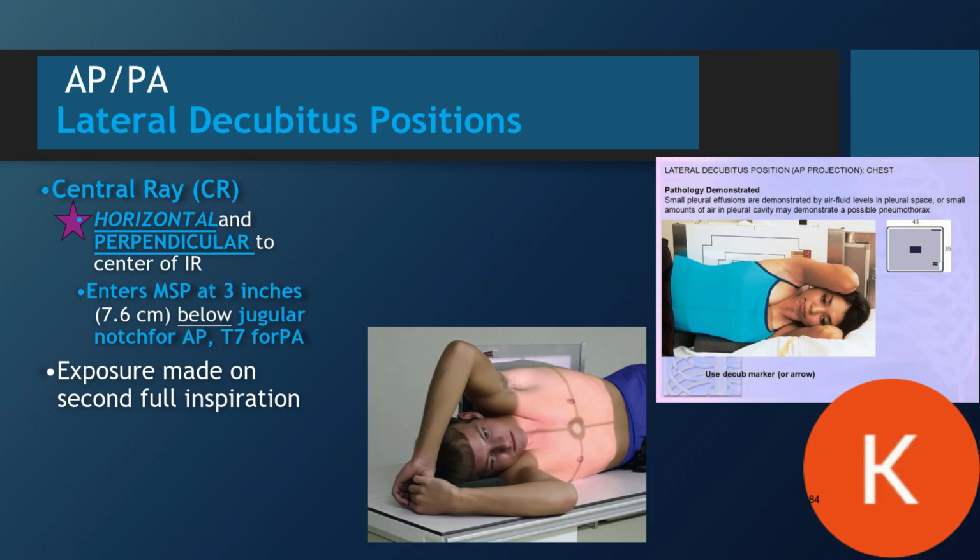Small pleural effusions are demonstrated by air fluid levels in the pleural space, or a small amount of air in the pleural cavity may demonstrate possible pneumothorax. And then notice how this also points out the use of the decubitus marker or arrow on the image receptor. This is a lateral decubitus position, but this is the AP projection of the chest.